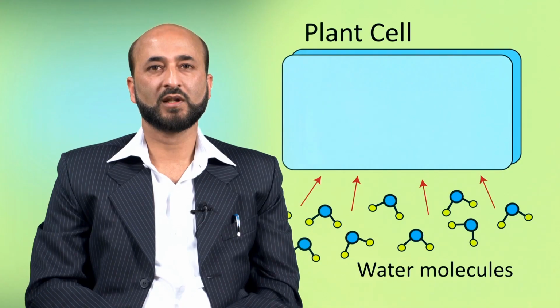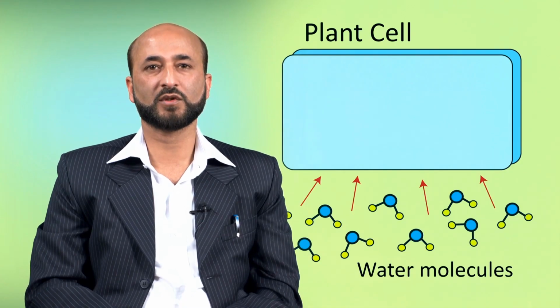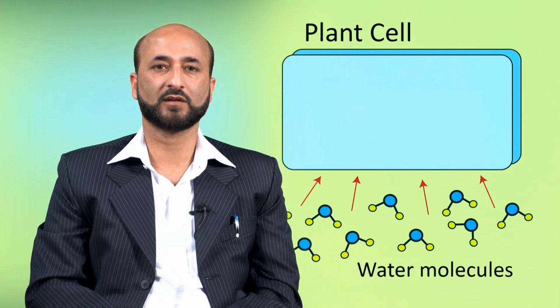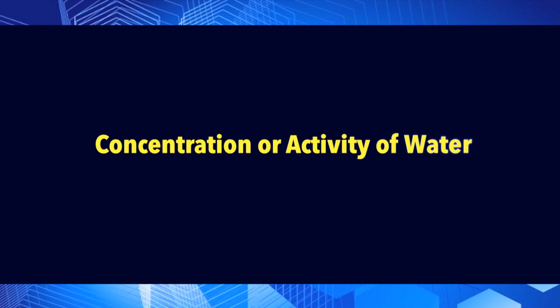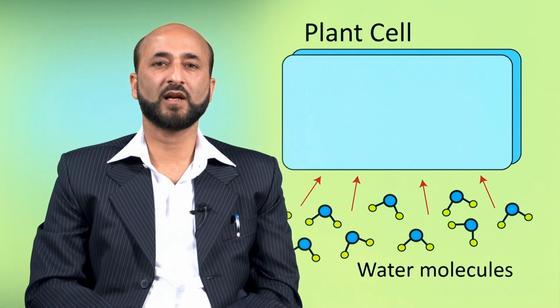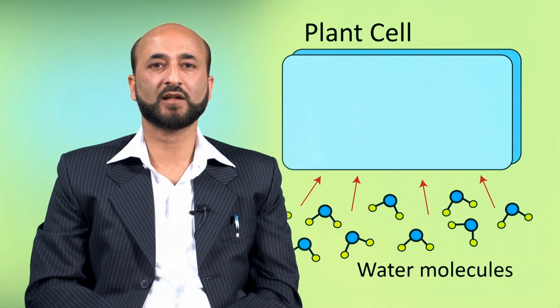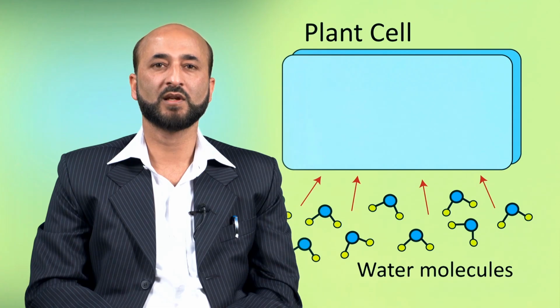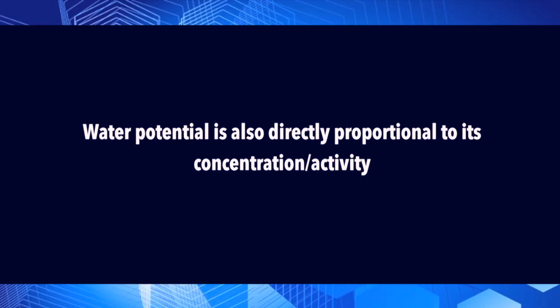Now, let us study the various factors affecting water potential. The water potential that produces the driving force for the movement of water depends on the following factors. Number 1, concentration or activity of water. Just like chemical potential is directly proportional to the concentration or activity of a substance, water potential is also directly proportional to its concentration or activity.